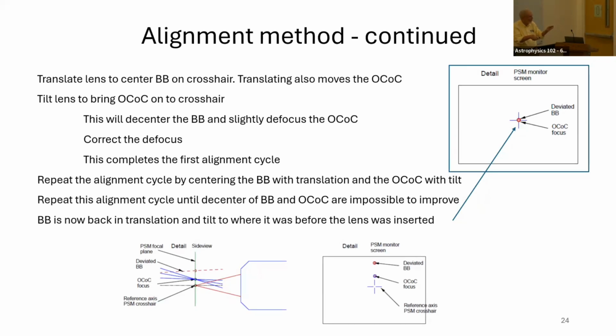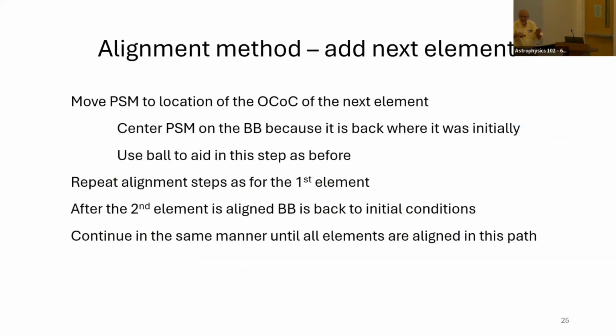So now you can simply move back, use your Bessel beam as still your reference, and simply go to the center of curvature of the next element you want to put in. And just keep doing that.